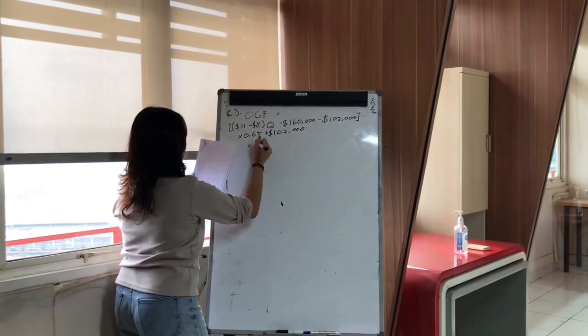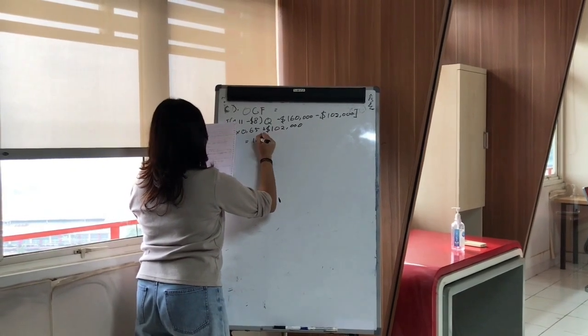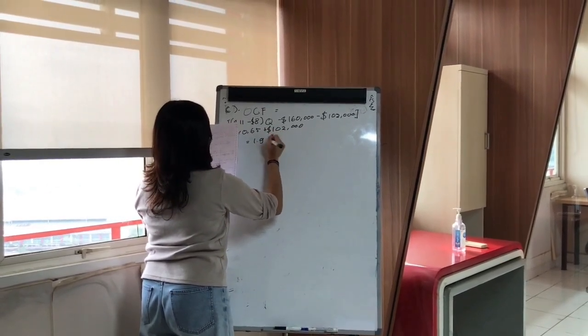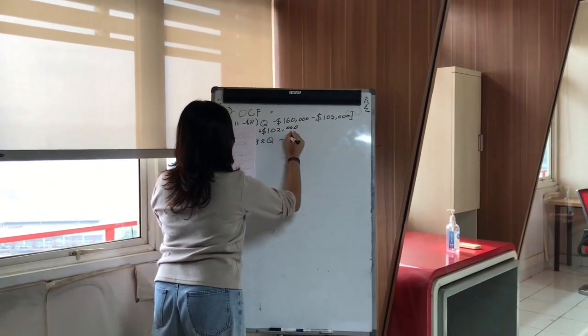And this we will get 1.95 Q minus 68,300.